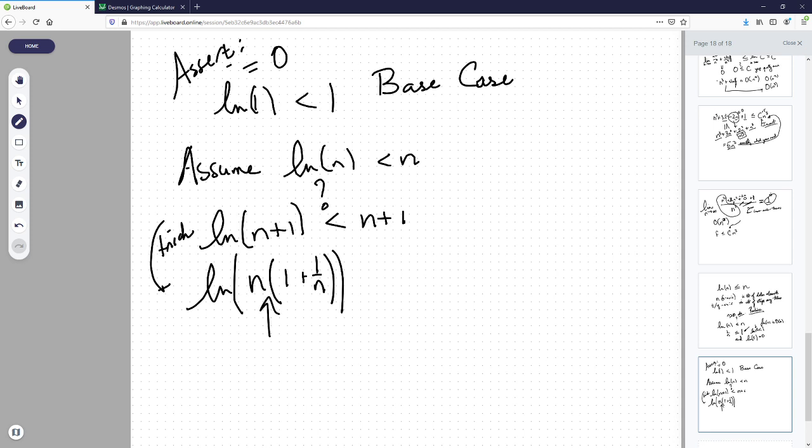When I factor out n, I'm going to get that this natural log is equal to... I haven't actually done anything with the log. The log is sitting right here doing nothing. And we still have this inequality, which we don't know is true, but we're going to test it out. The only thing I've done is I've pulled out an n. So when you factor out an n here, you get a 1. When you factor out an n from a 1, remember that 1 is equal to n divided by n. So when you factor out the n, you still have the n in the denominator, but now you also have the n factored out here.